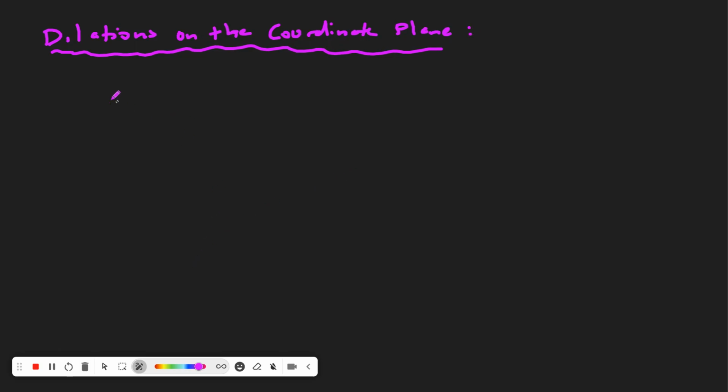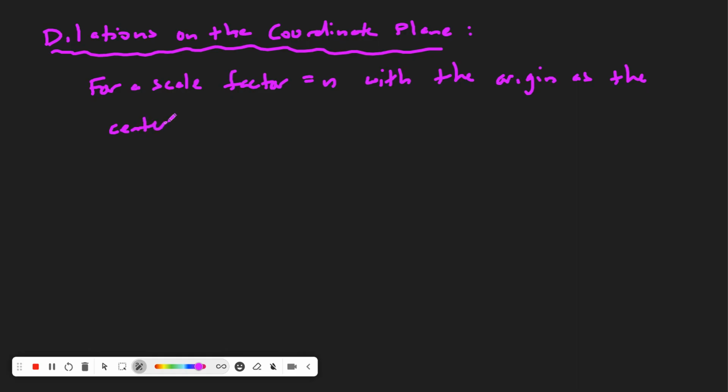Okay, so for a scale factor of n, with the origin as the center of dilation, x comma y is going to become n times x, n times y.